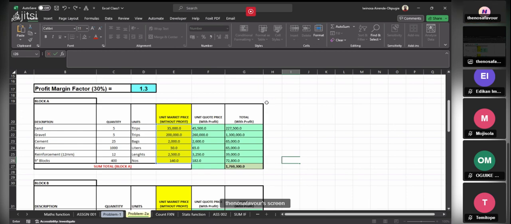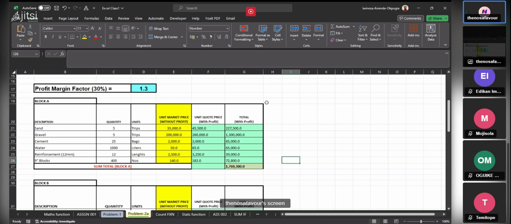I did what I was supposed to do, except let me just do it again and see what it's going to give me. Did you click on the referenced cell in that formula?